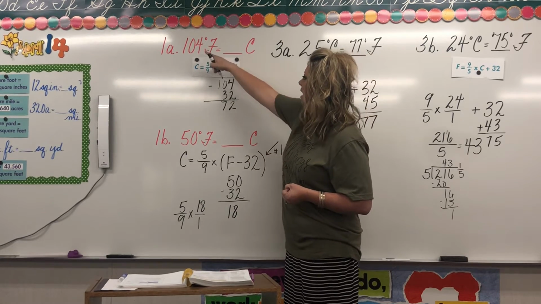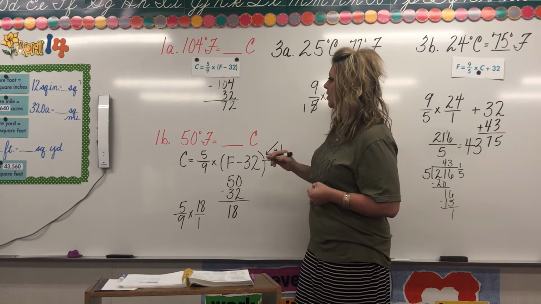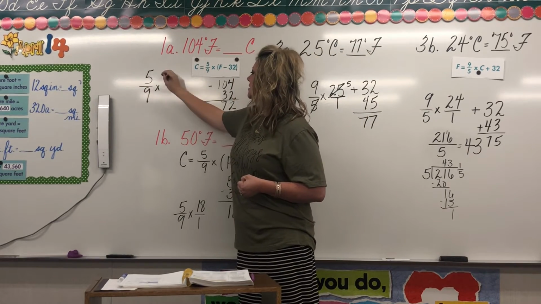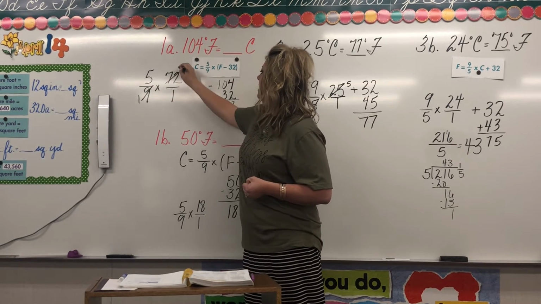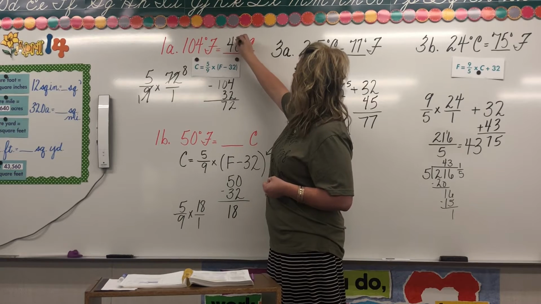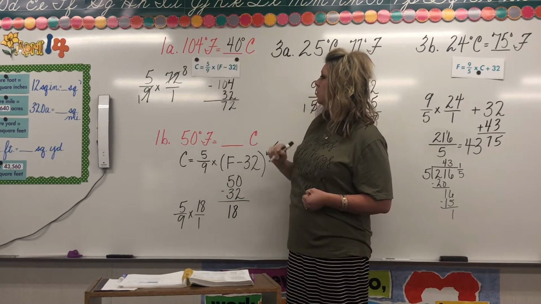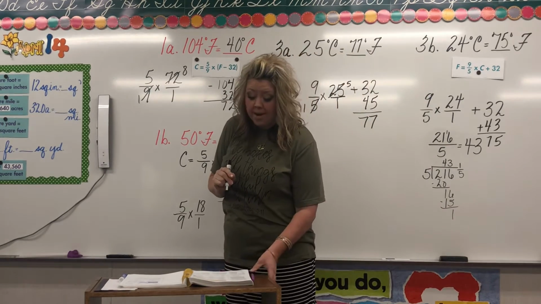So I plugged in 104 Fahrenheit temperature minus 32, I got 72. Now I can multiply 5/9 times 72. These cancel out, and 8 times 5 is 40 degrees. Now if you try to do it the other way, if you multiply before subtracting, you wouldn't get the right answer. This is the answer for problem 1A.